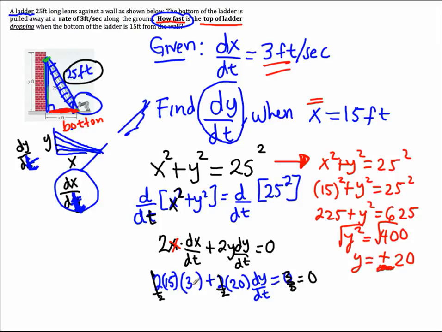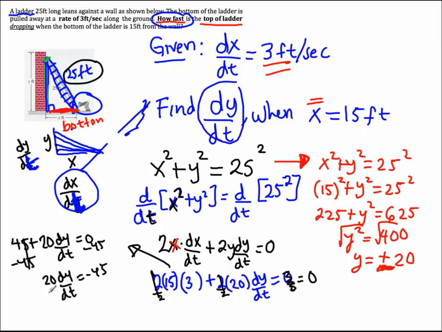So 15 times 3, that gives you 45, plus 20 dy/dt, and that equals 0. Minus 45, 20 dy/dt equals negative 45, divided by 20.